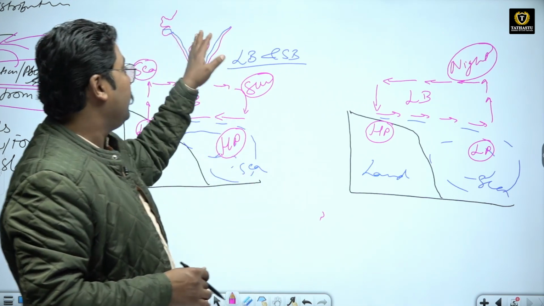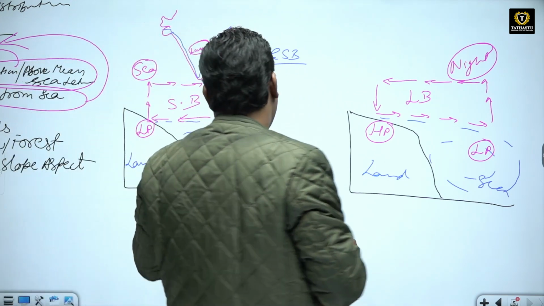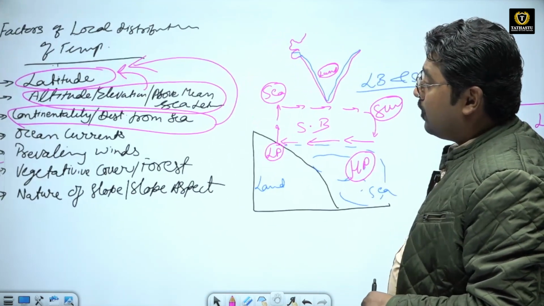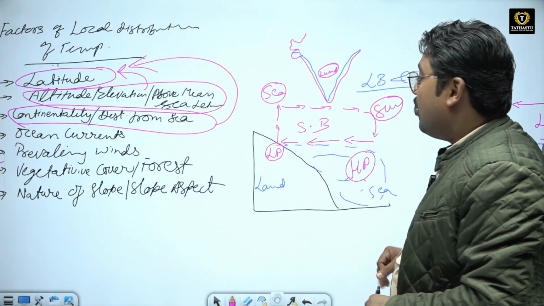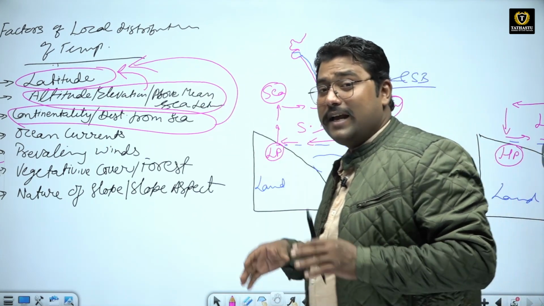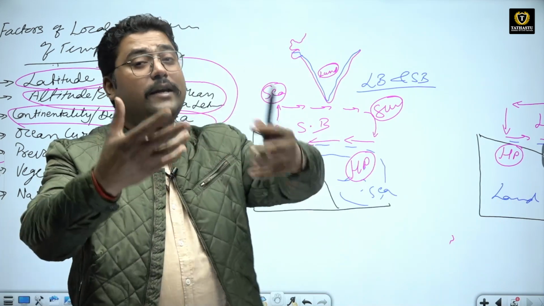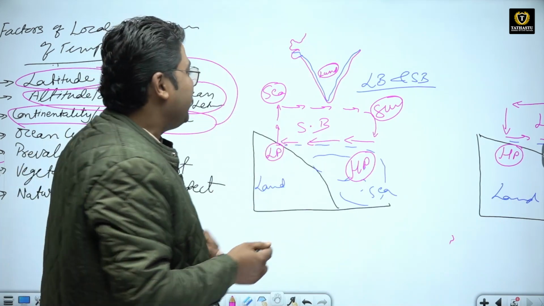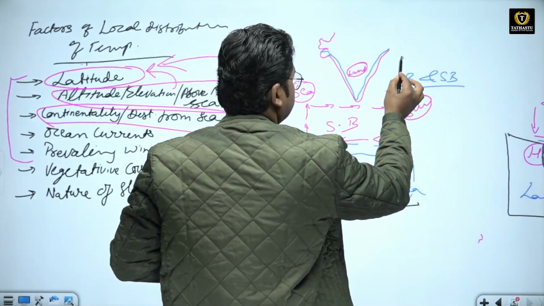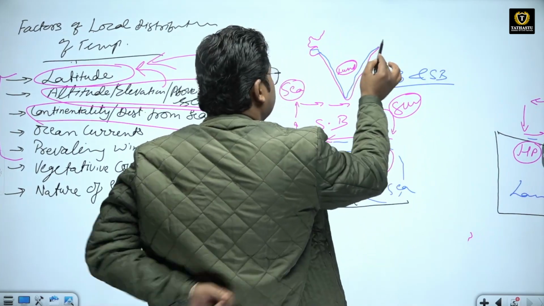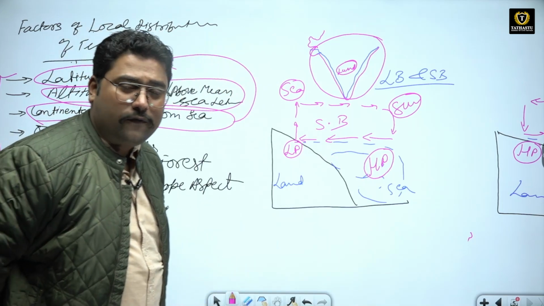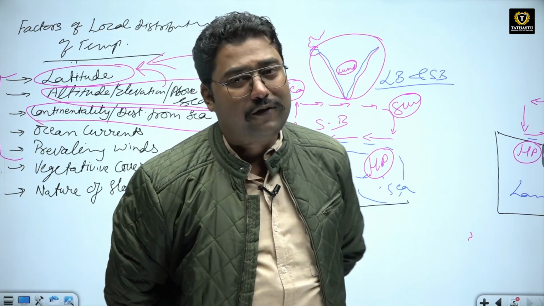Now we are moving on to the coastal area. How the continentality, or you can say the distance from sea, is affecting the temperature of any place. So basically this part of India is located below the Tropic of Cancer, meaning 23.5 north.